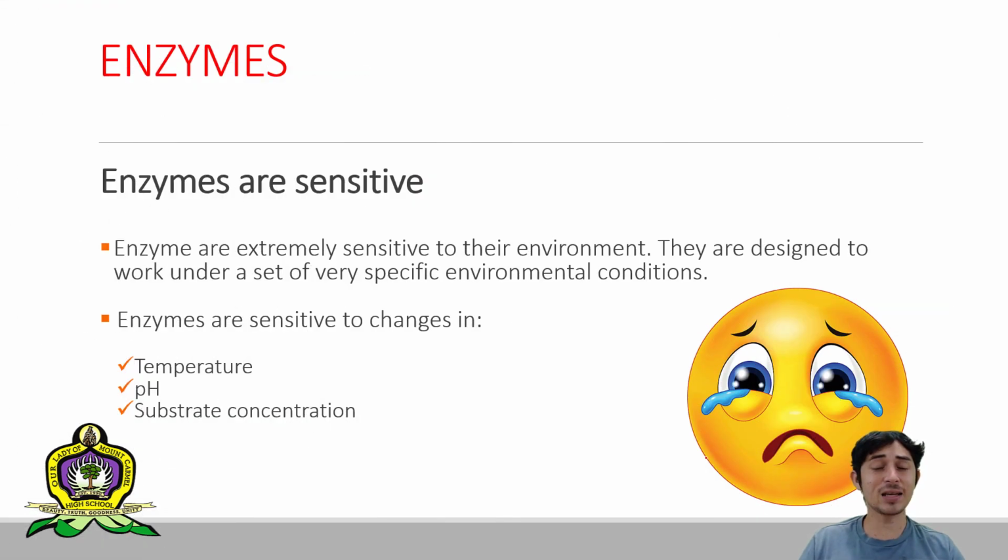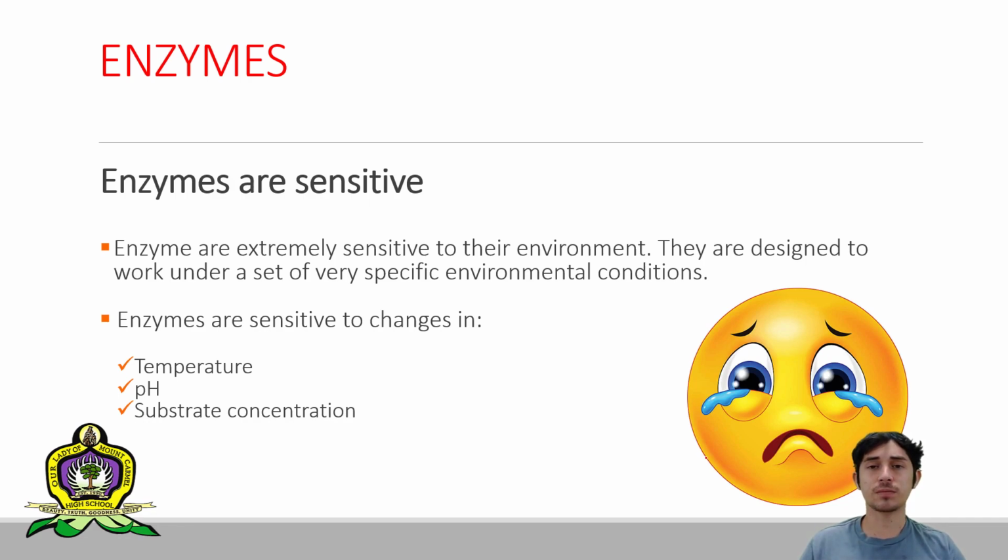Apart from being highly specific, enzymes are extremely sensitive. That means you cannot scold an enzyme, tell this enzyme, hey, you did wrong, because the enzyme will feel sad. I'm just kidding. When I say that enzymes are extremely sensitive, I'm talking about temperature. Increase the temperature a little bit or decrease the temperature from the optimum temperature of the enzyme, and the enzyme will not want to work.